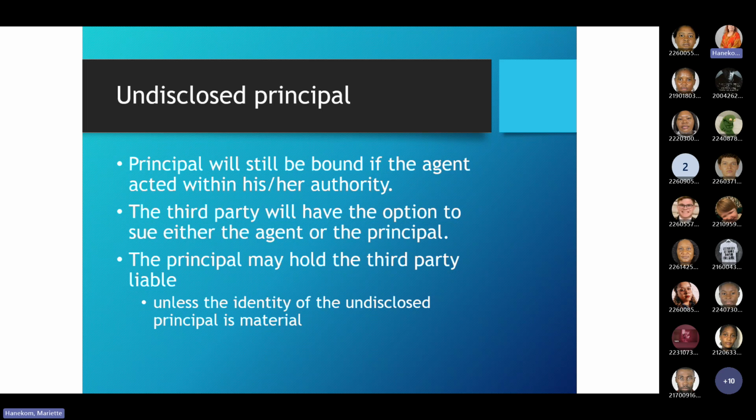In such an instance, the third party has the choice, in case of breach of contract, to hold either the agent or the principal liable. So an agent who acts without disclosing the fact that they are representing somebody actually runs the risk of incurring personal liability.